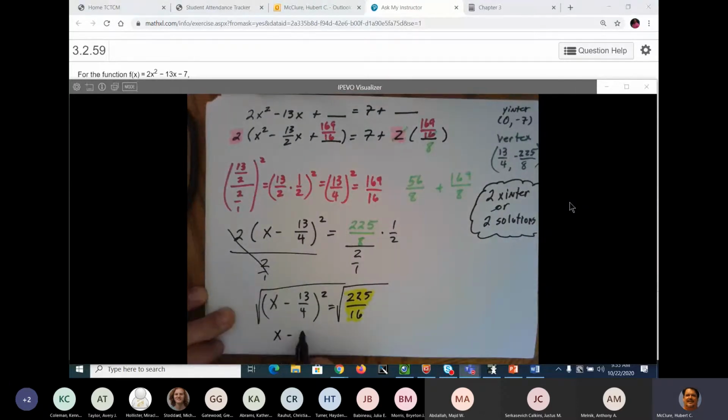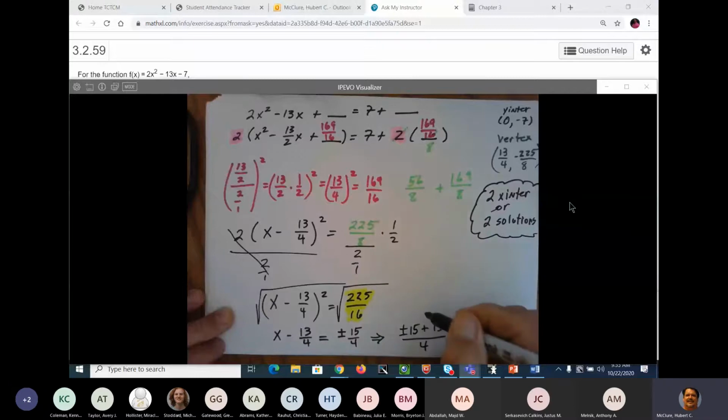I'm going to keep on going. x minus 13/4 equals positive or negative. We know that the square root of 225 is 15 over 4. And that's equal to positive or negative 15, plus 13 over 4.